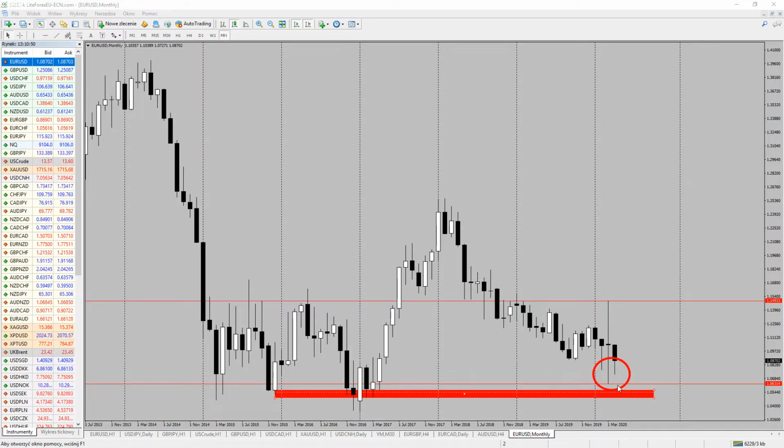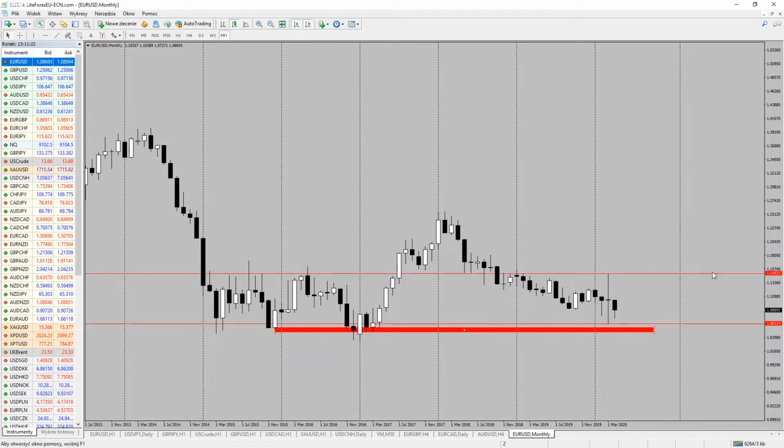So I think that we are going to retest 106.30 anyway, if not 105, before the market will try to step in when it comes to the bulls and defend this 105. Because if we break through 105, we were discussing this quite a few times, and we were well above 110 when I said that I'm not going to be surprised if we see parity and then continuation well below parity.